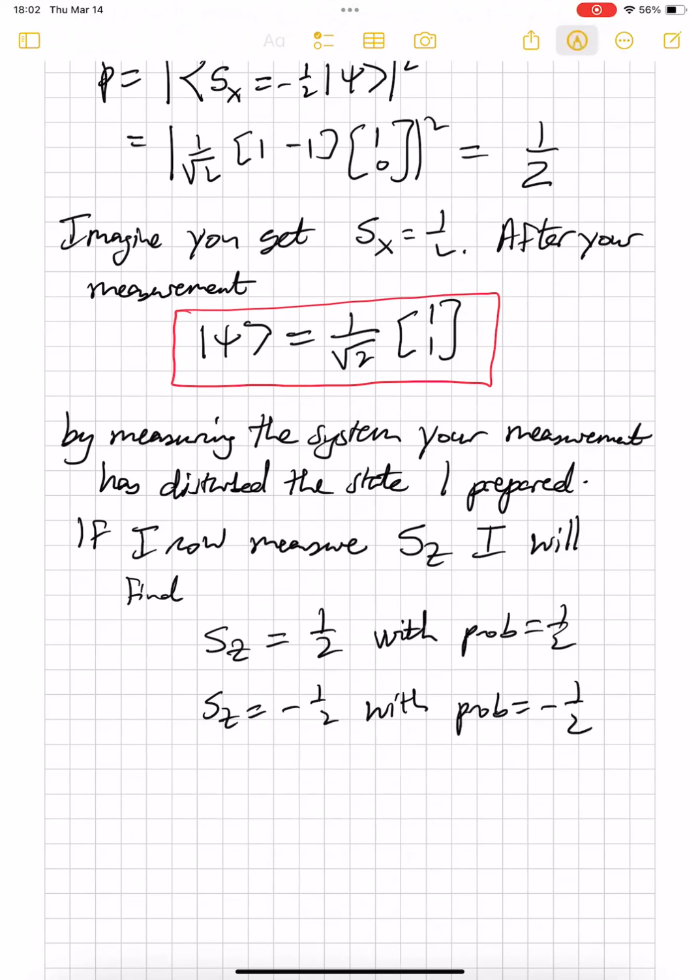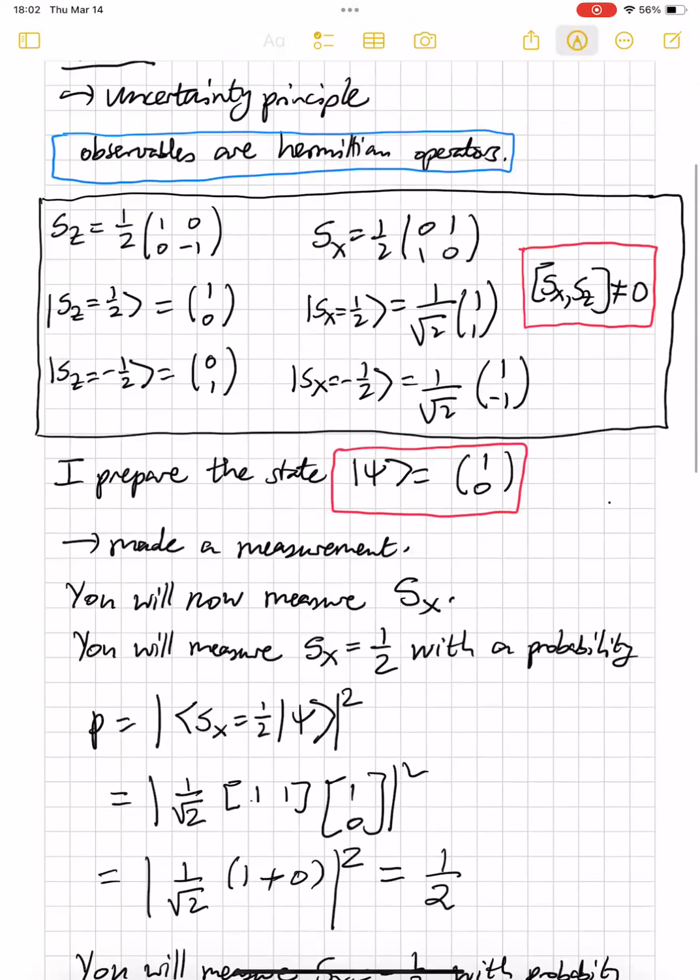So by you measuring your observable, you have disturbed the value of my observable. And why did that happen? That happened because your observable and my observable do not commute. So if two observables do not commute, measuring the first observable will disturb the value of the second observable.